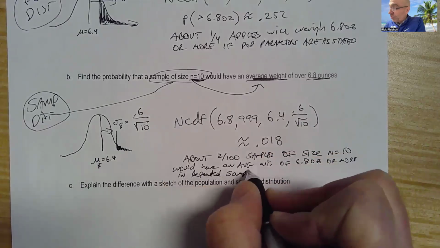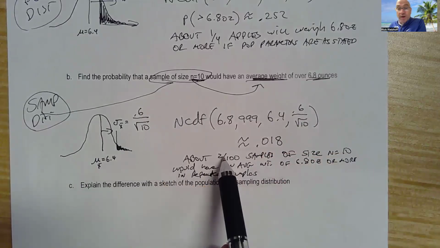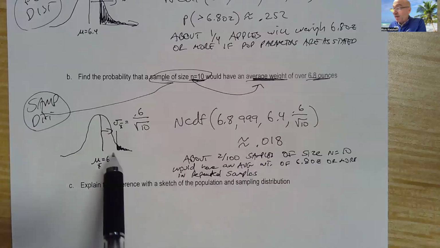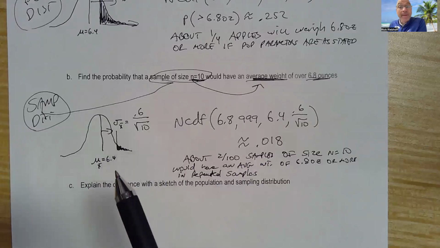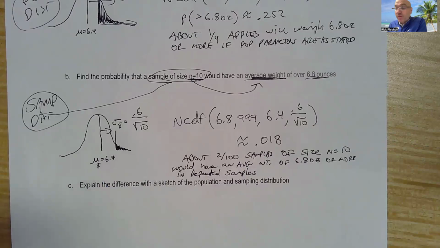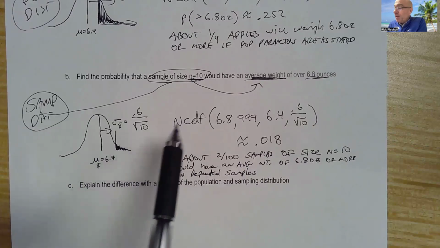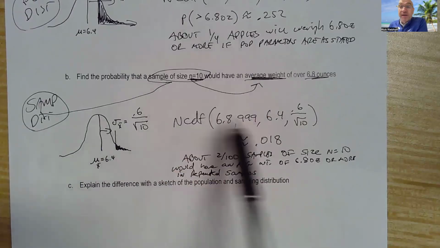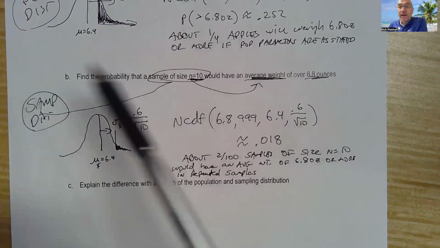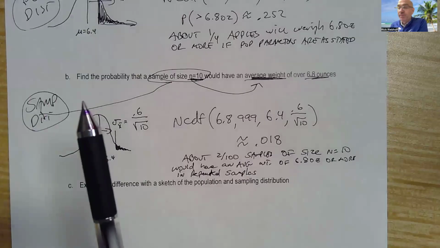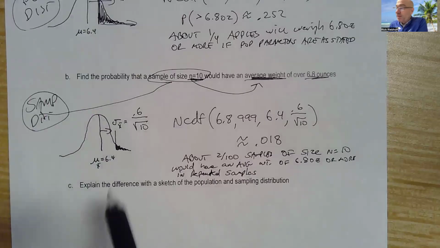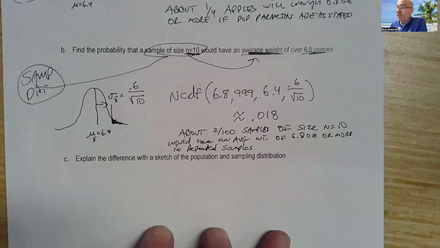So if we did this a whole bunch of times, 2 out of 100 samples would actually end up being here or above. Is that rare? That's pretty rare, right? 2 out of 100 is fairly rare. So I would say, hey, maybe the fertilizer they're using on these apples or something is better, right? There might be some evidence that something's going on at this farm.